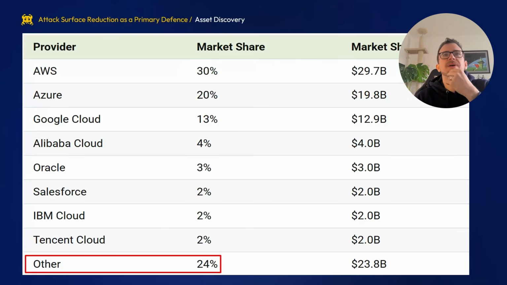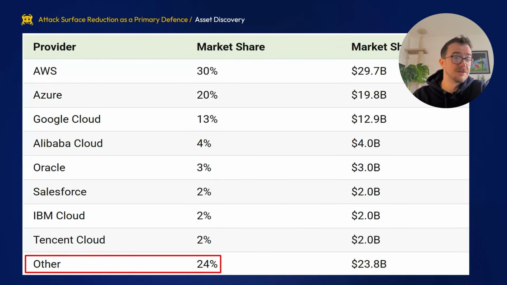This might be a bigger problem than you'd think, because I found this set of statistics on the market share of various cloud providers. The top three are not so surprising. But what was more alarming to me was this other section at the bottom, which represents 24% of the total market share of cloud computing.